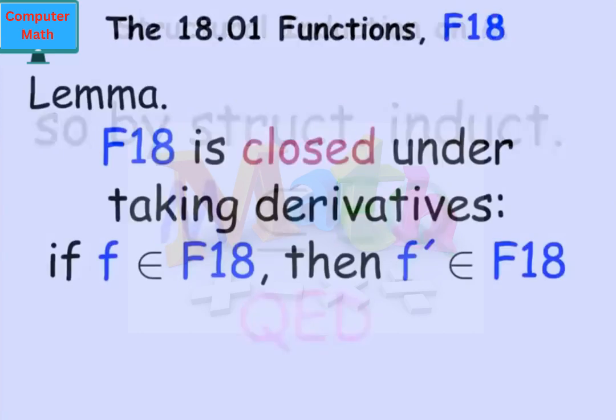One of the reasons why the F18s are what's considered in first-term calculus is that if you look at all of those functions, remember you got them by taking constant functions and the identity function and the function sine x, and then you could combine them in various ways by adding, multiplying, exponentiating, composing, taking inverses, that we didn't need to add a constructor of taking the derivative, because it turns out that you can prove by structural induction that the F18s are closed under taking derivatives, and that makes a lovely class problem.